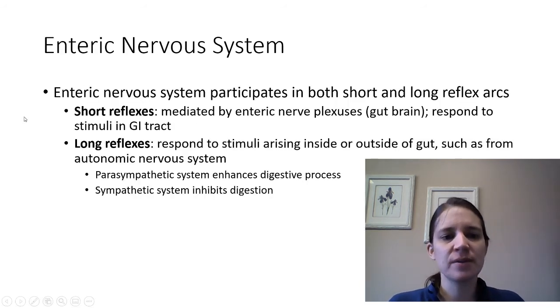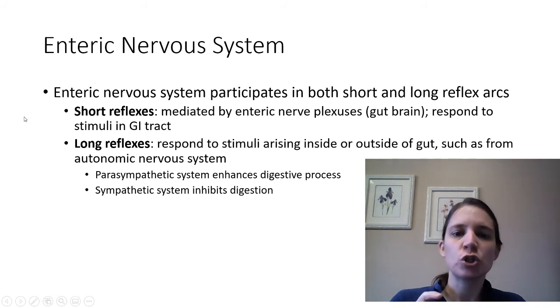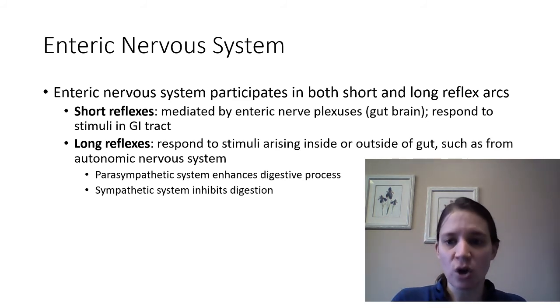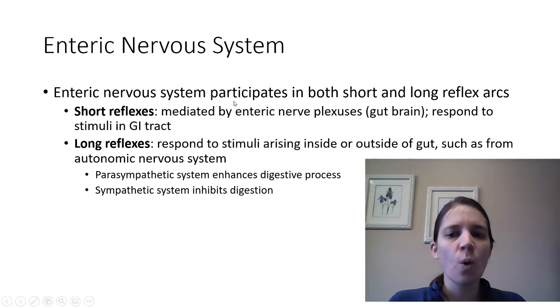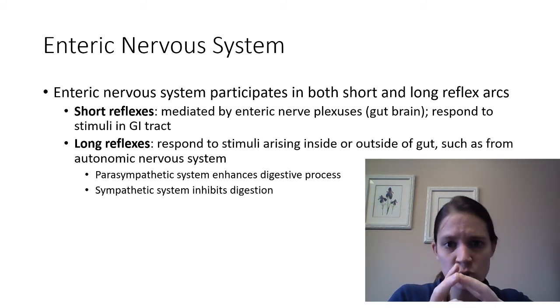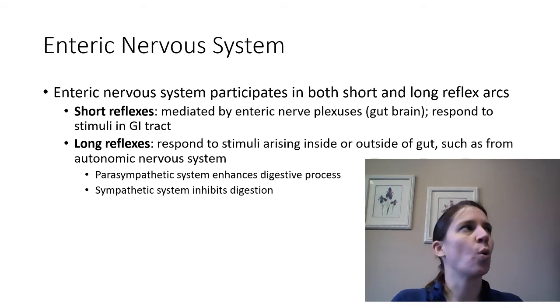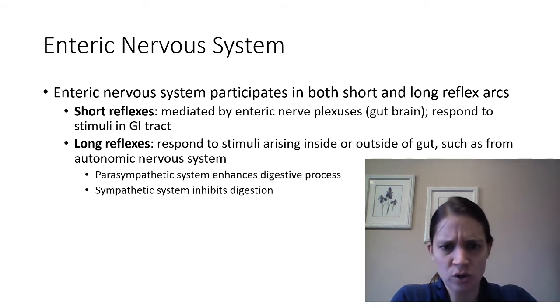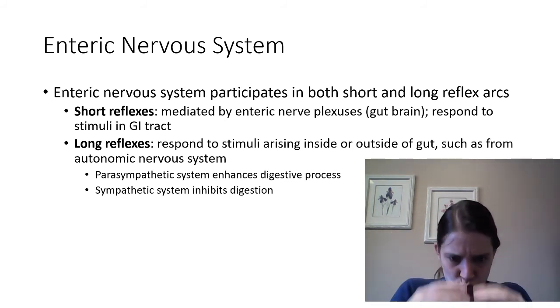This enteric nervous system has what are called reflex arcs, and they come in both short and long. The short reflexes are neurons responding to stimulation inside the GI tract, like pressure changes or pH changes, something happening right there.